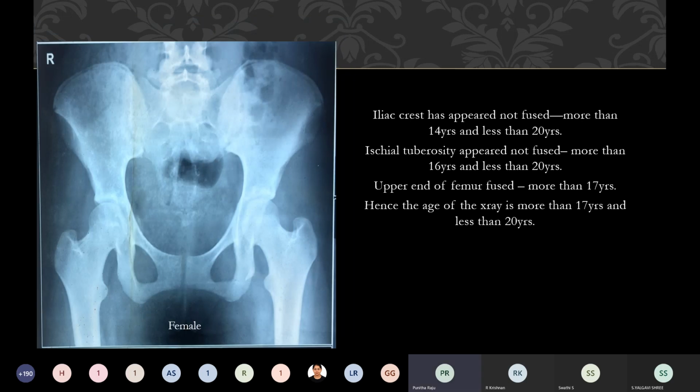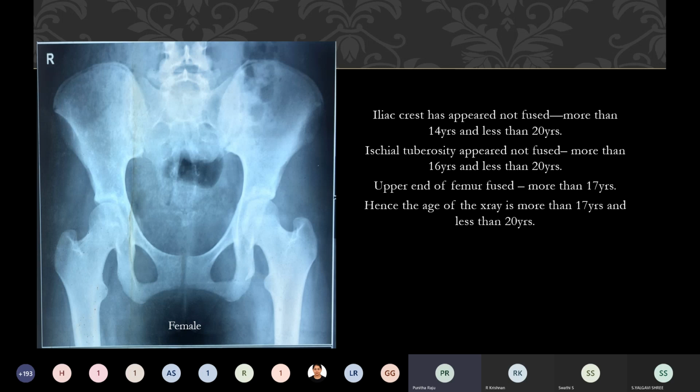So the next one. When you see this X-ray, you can tell it is a female X-ray. You don't have any scrotal shadow, and the subpubic angle is very wide. Here you can see the hilea crust, just on the top where it is marked R. Just below that you can see one bone. That is the hilea crust.